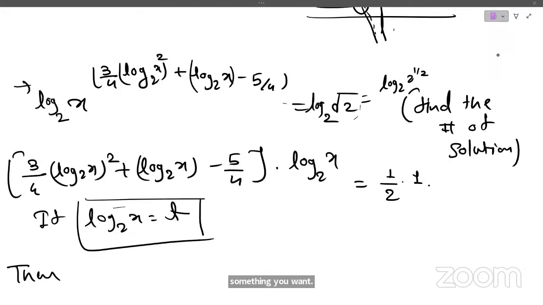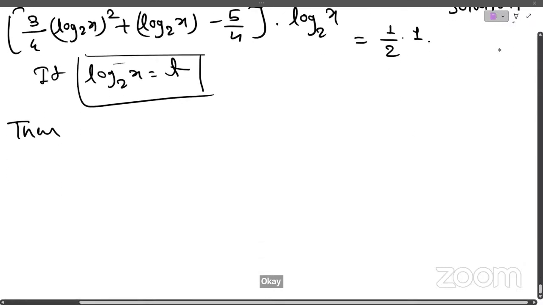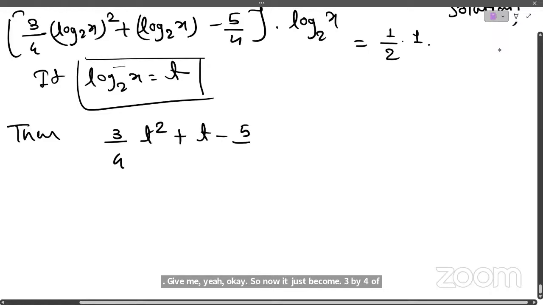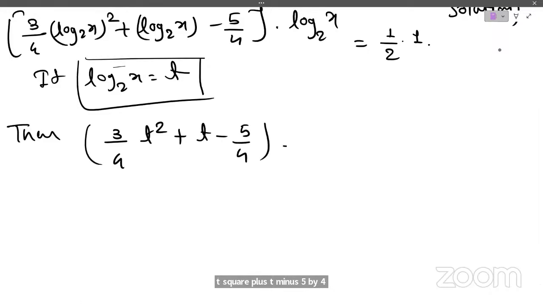Now it has become easy. Yes, we can draw cubics. Correct. So now it just becomes (3/4 t squared plus t minus 5/4) times t equals 1/2. Now again, this becomes a cubic expression in t.